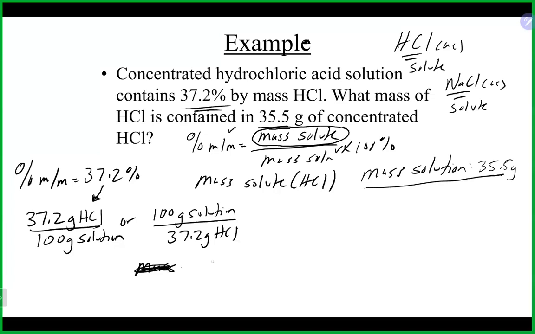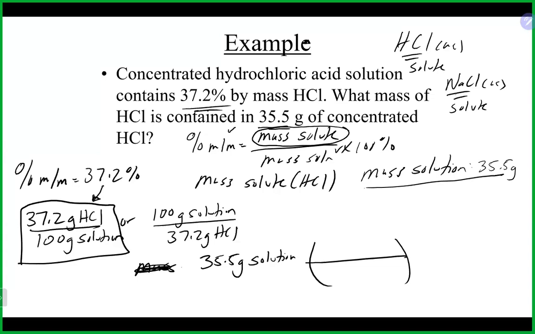So we could go with our 35.5 grams of solution. And again, just doing dimensional analysis, opposites cancel. So we would use the conversion factor like this that has solution on the bottom. HCl would be up on top. And now our grams of solution are going to cancel.